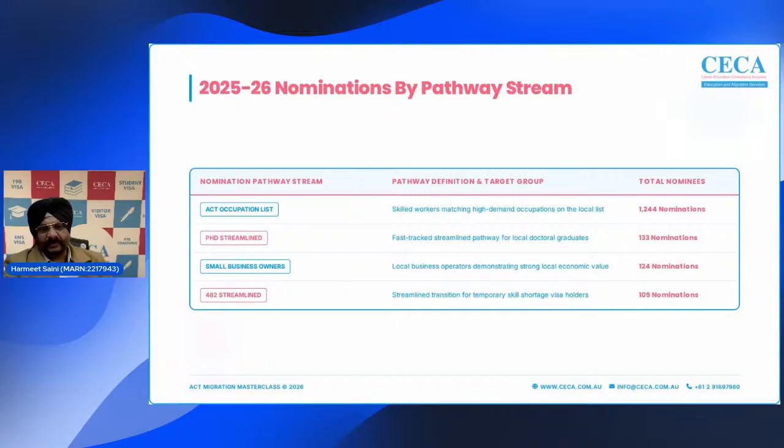For the PhD stream, which was the fast track streamlined pathway for local doctoral graduates, 133 nominations were approved. Small business owners remained in third place, with 124 nominations accepted. For 482 streamlined applicants, 109 nominations were accepted under this stream, a streamlined transition for temporary skill shortage visa holders.